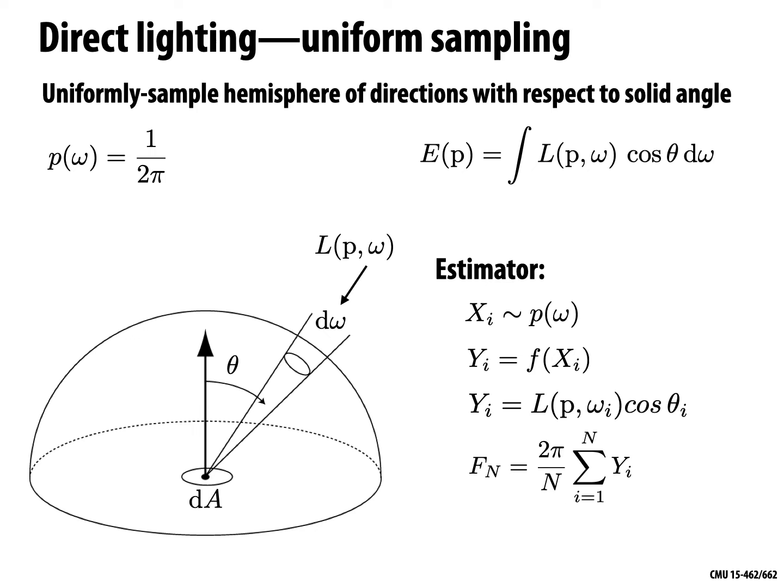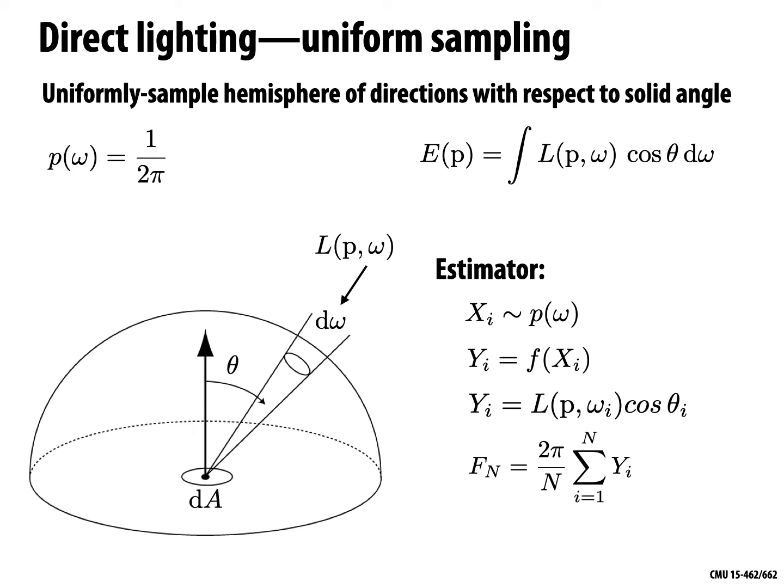The irradiance integral is going to be the integral over the hemisphere of the incident radiance, L, at the point P in the incoming direction omega, cosine theta d omega. Our way of thinking about this in terms of random variables is to say, okay, well, we have this random variable x, which is giving us the direction in which we're sampling.